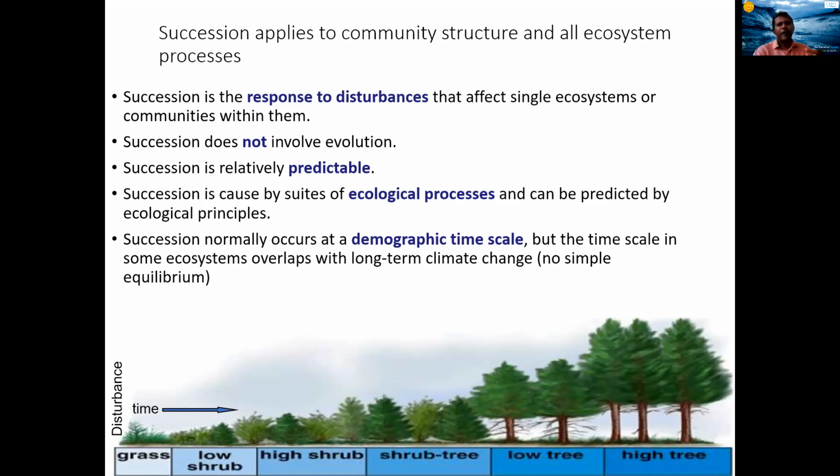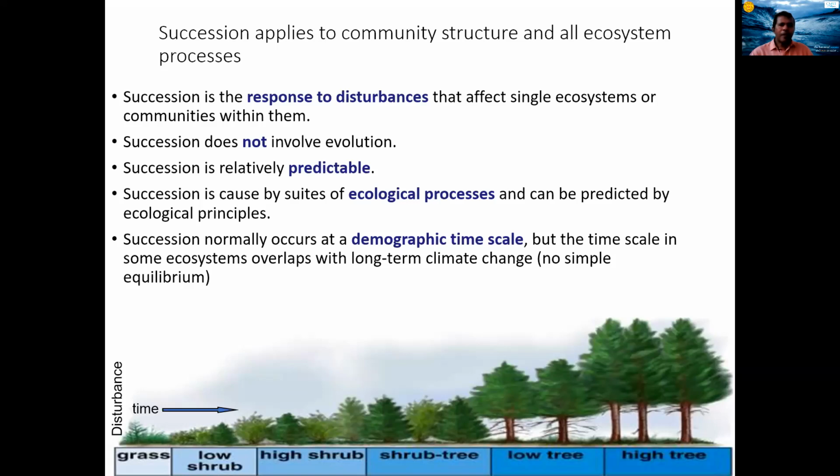And in ecology, succession is actually the repair mechanism when the ecosystem gets hurt or disturbed, right? So this concept of ecological succession is very important, right?